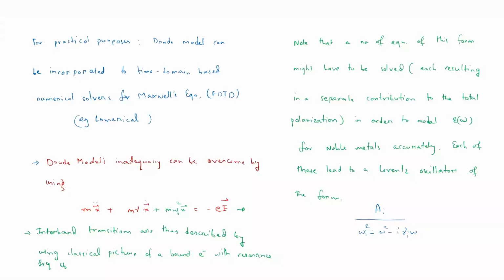where this omega i is similar to this omega naught, gamma i is the damping constant, and a i is the oscillator strength.